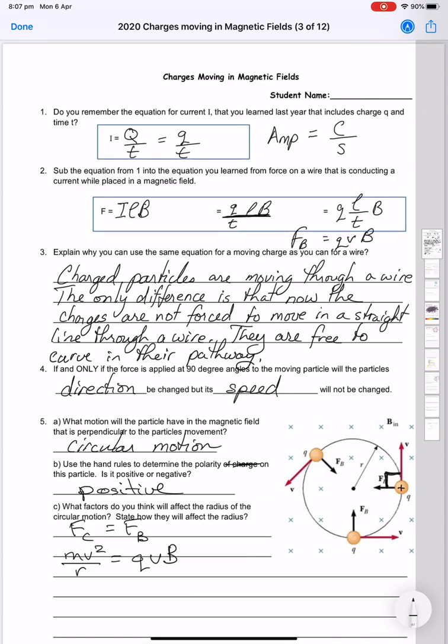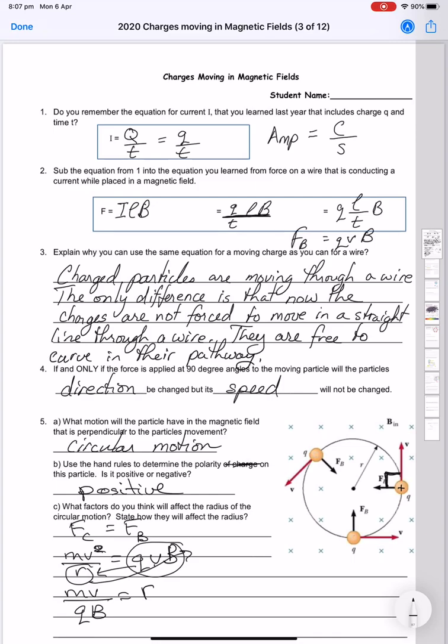And then we're going to look at the radius only. We have to rearrange the equation for radius. All I did was move this down here and this up here, and cancel out my velocity. So this velocity would cancel out with this v squared.